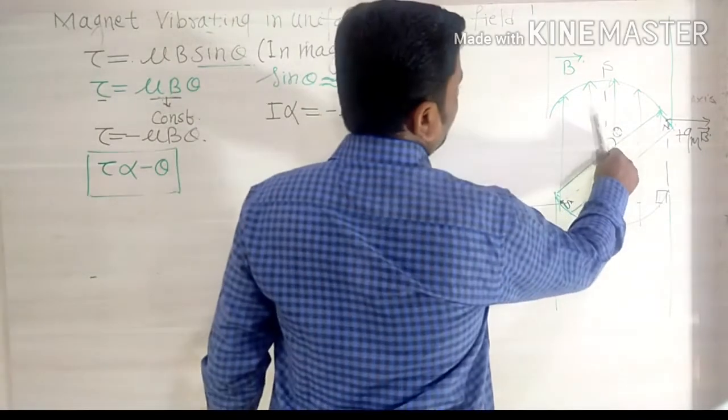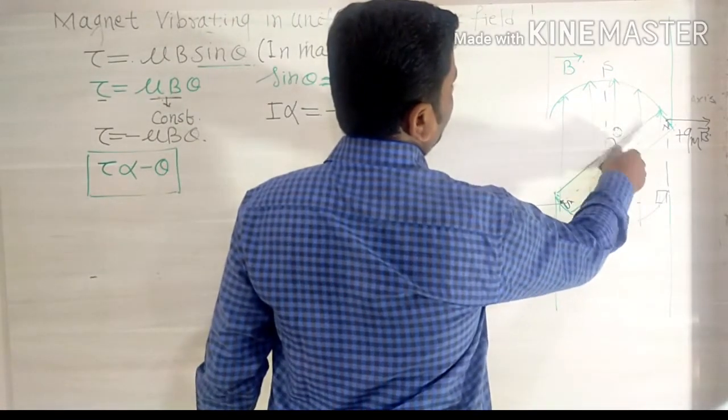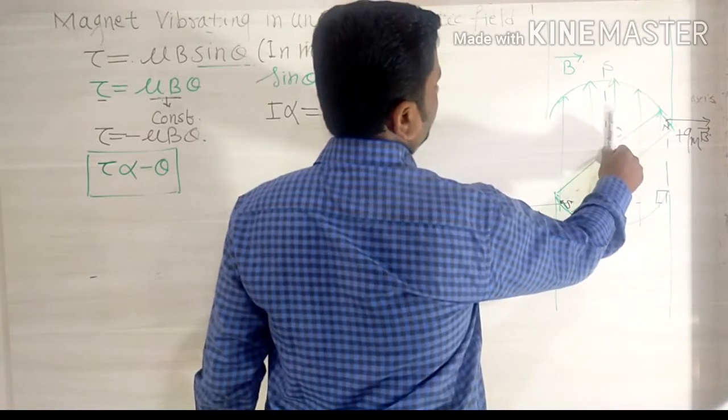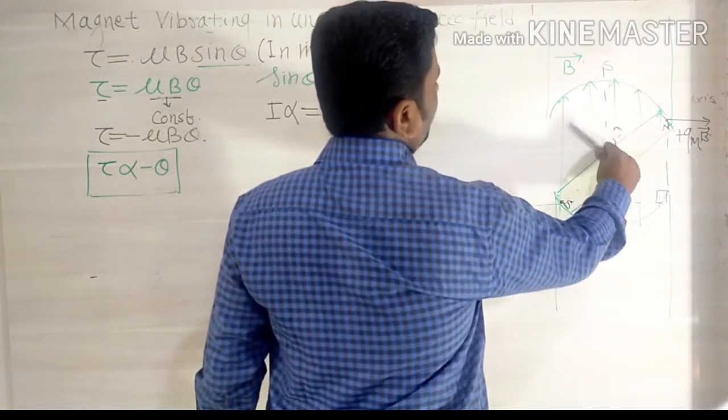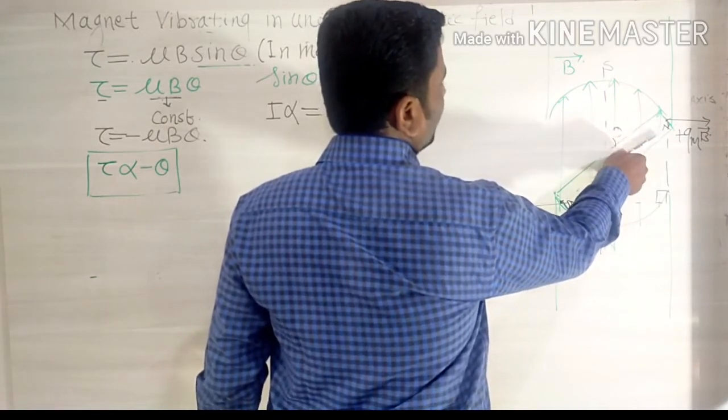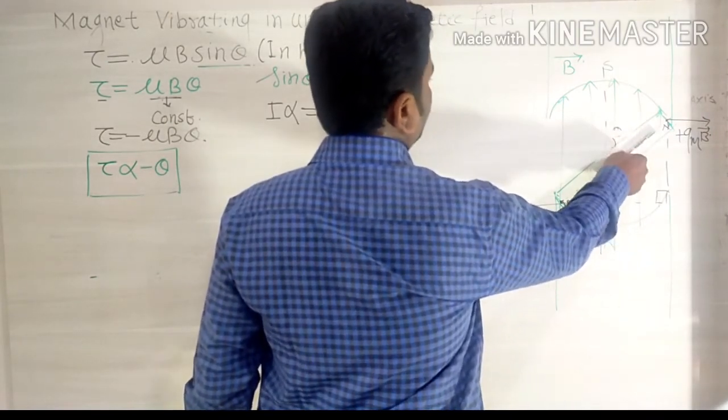So in this way the bar magnet continuously or repeatedly oscillates to and fro about its equilibrium position, which means it performs oscillatory motion about its mean position, and it shows simple harmonic motion.